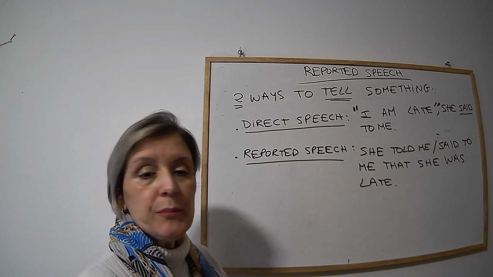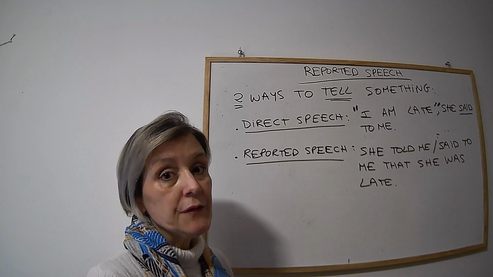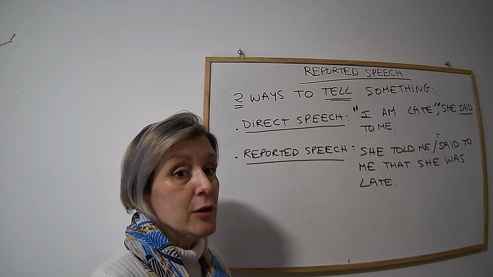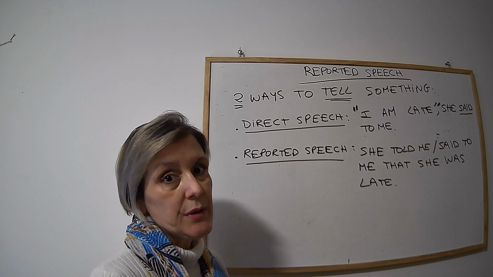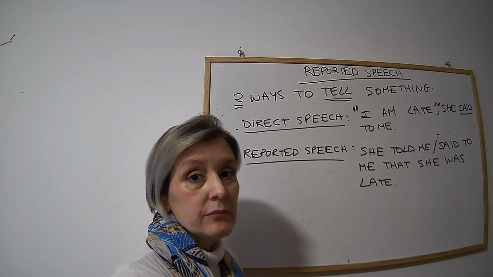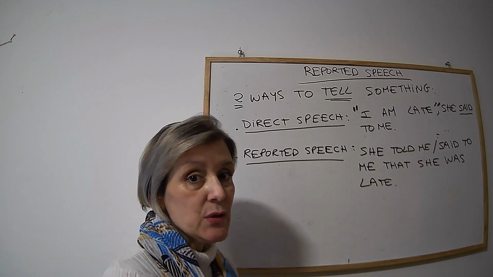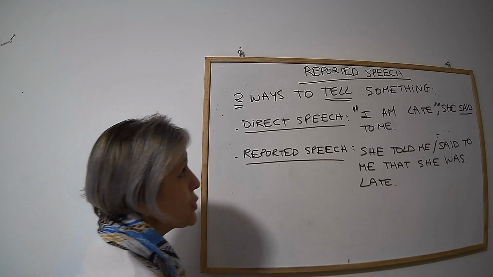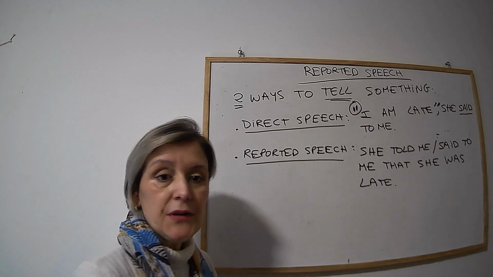However, in reported speech we don't have inverted commas because we are not using the exact words of the person. We are just explaining what another person said. So this is the first change.